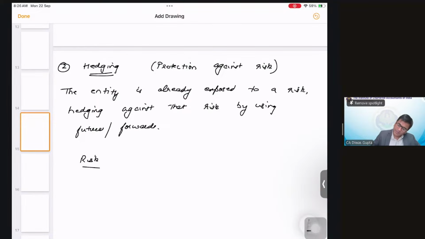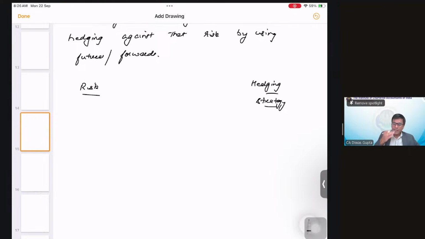Here I will list down the risk. Here I will list down the hedging strategy. Okay. So now let's take different scenarios and see what the risk and hedging strategy are. One, we are already holding equity shares in the spot market.